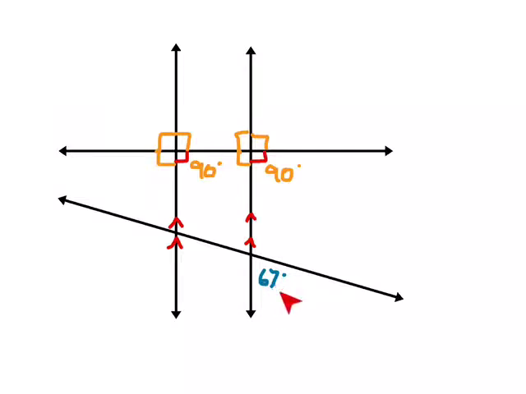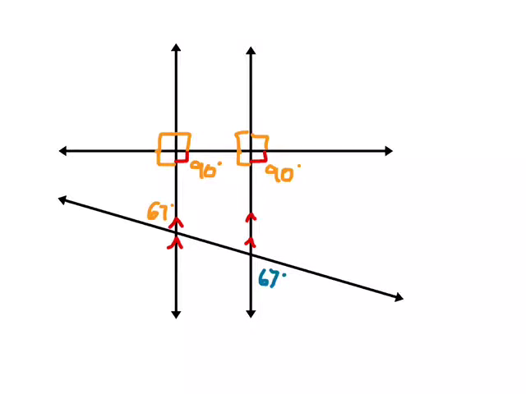Down here, I see that this is a 67-degree angle, and I see this is a transversal crossing the two parallel lines. So I know that, for example, if this is 67 here, the opposite exterior angle will also be 67. So 67 degrees there.